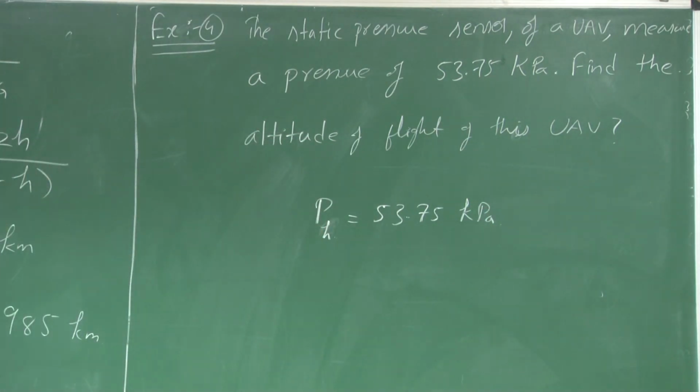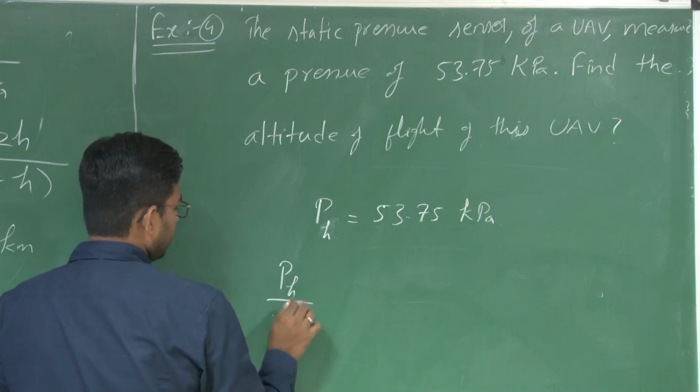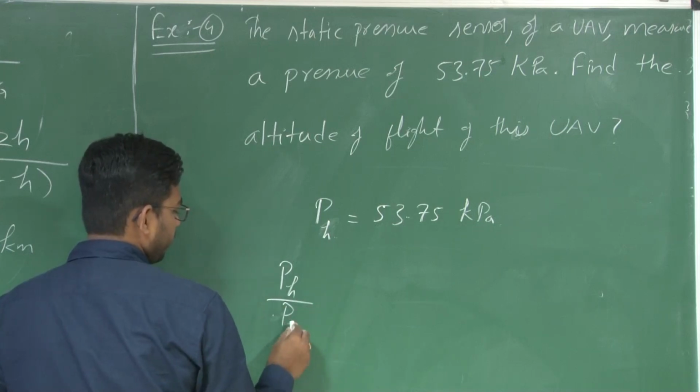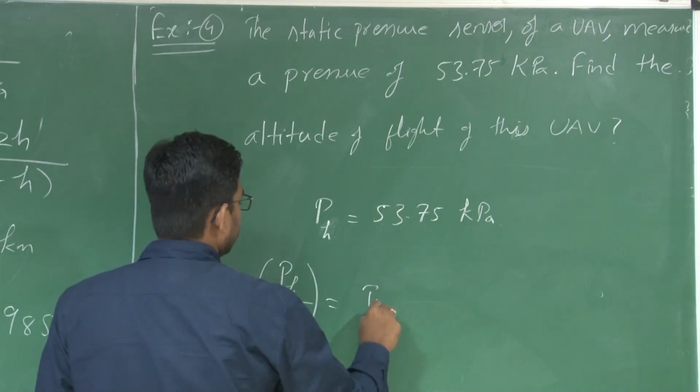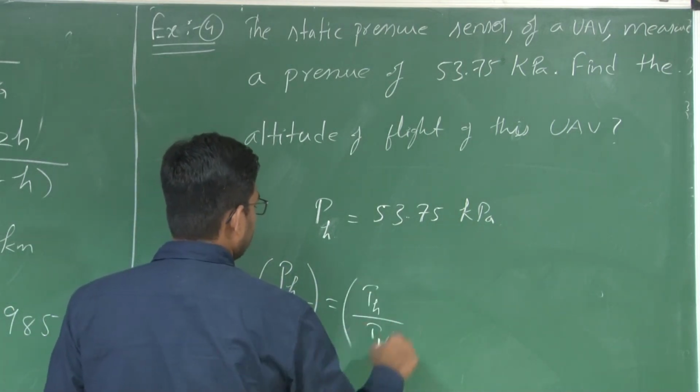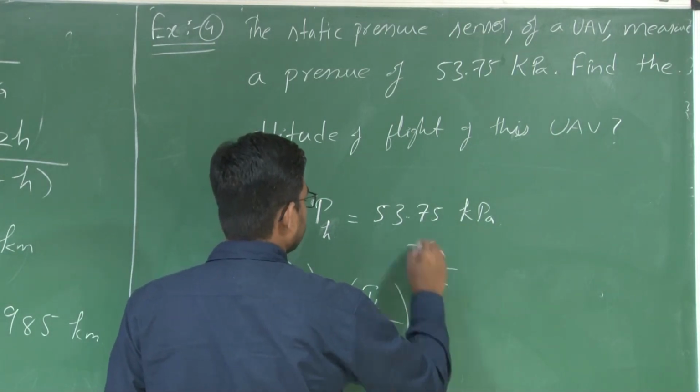Now we need to find the corresponding altitude of flight. So we can use this relationship: P at H by P at sea level, P1, is equal to T at that altitude by T at sea level raised to the power of minus G naught by AR.